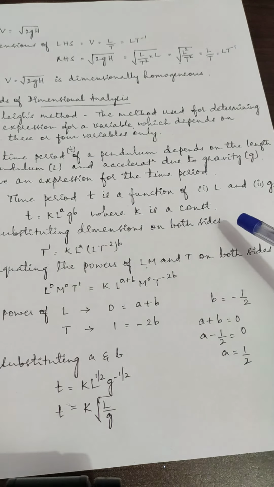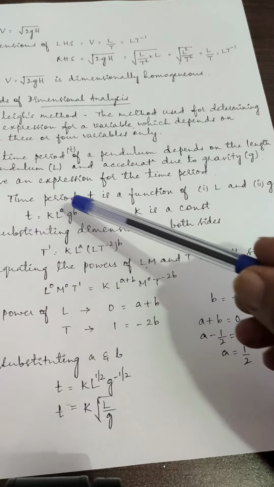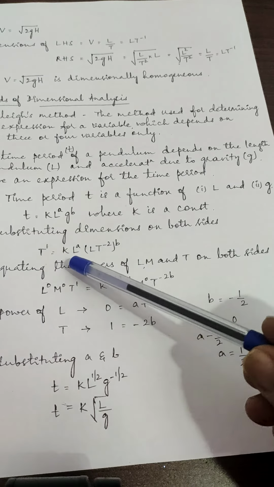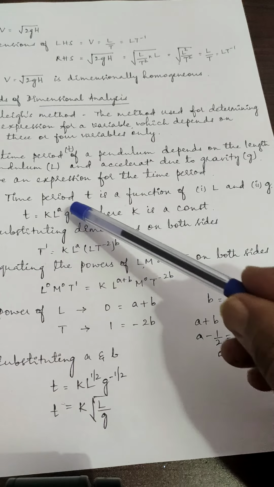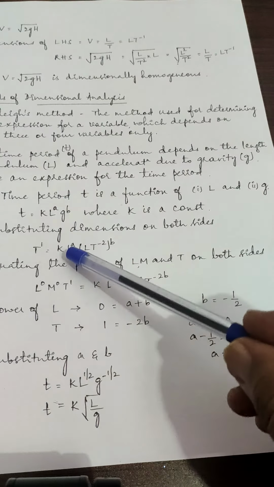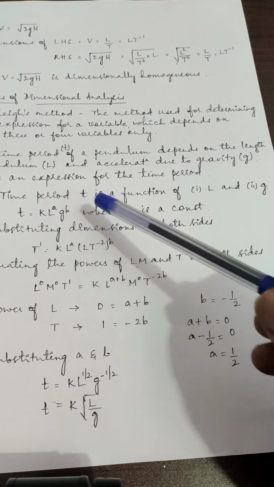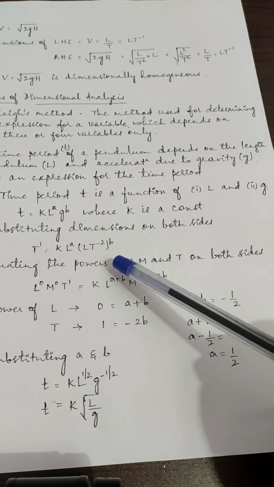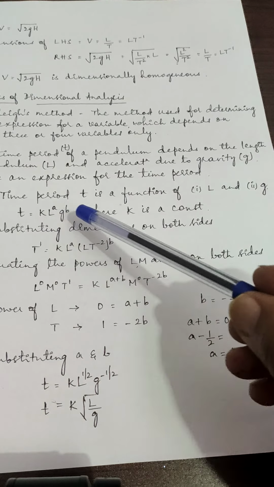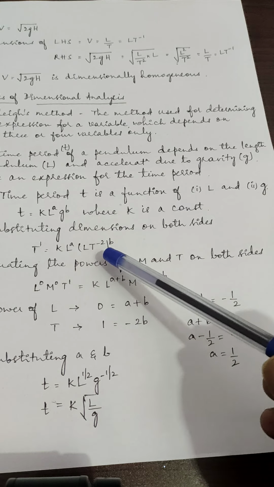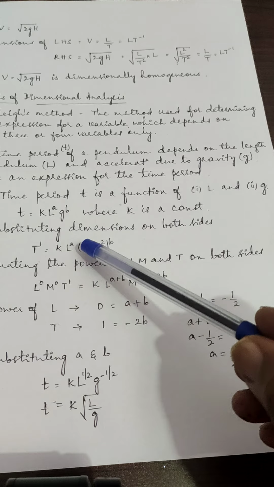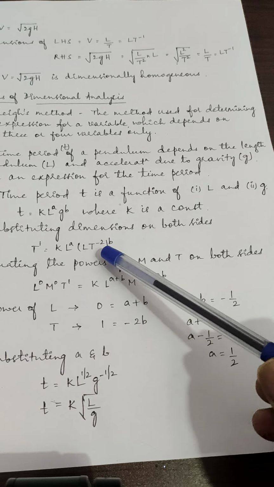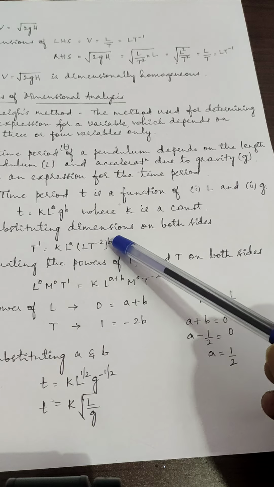Then substituting dimensions on both sides: time, capital T to the power of 1, is equal to k into L to the power of a, as it is. G is acceleration due to gravity, that is meter per second square, which is nothing but L by t square, that we write as L t to the power of minus 2, then to the power of b.